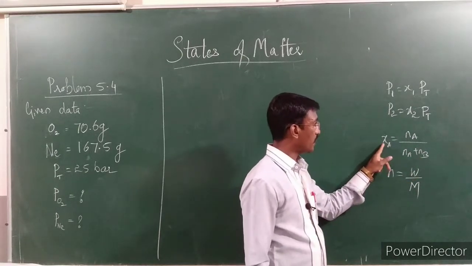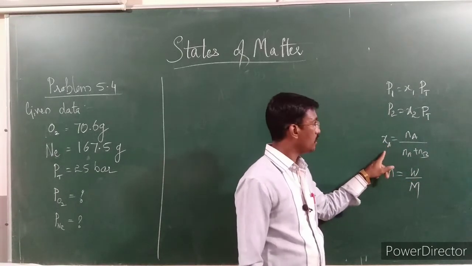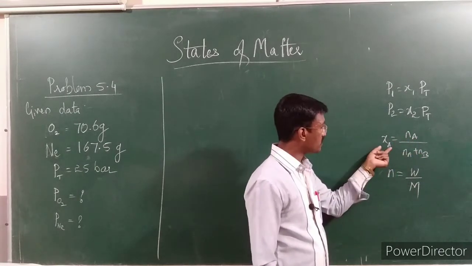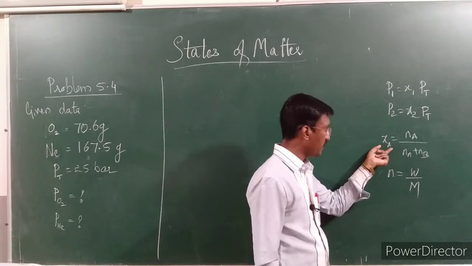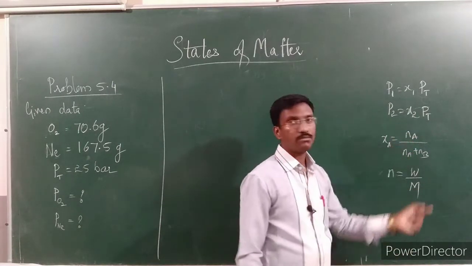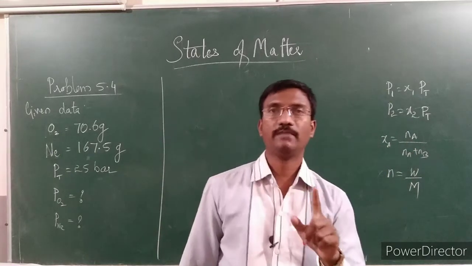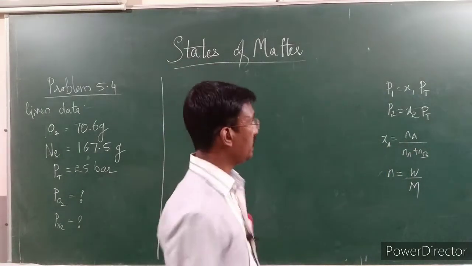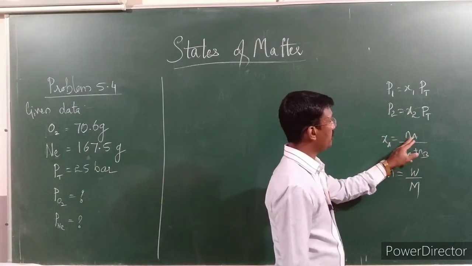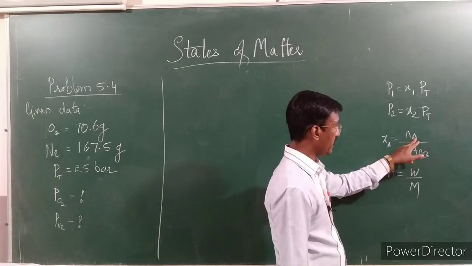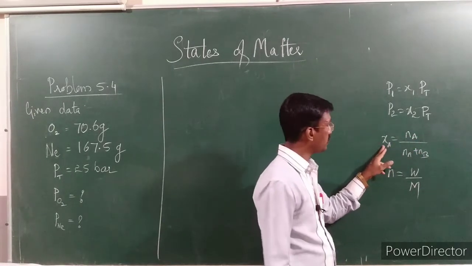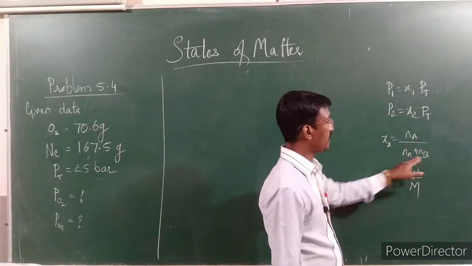Xa means the mole fraction of component A, which is equal to Na upon Na plus Nb, where Na is the number of moles of component A. Here A is the first component and B is the second. Means how many moles of component A there are, you have to write that when you calculate the mole fraction of A. So Xa is equal to Na divided by Na plus Nb.